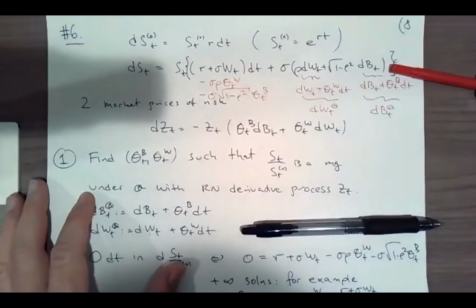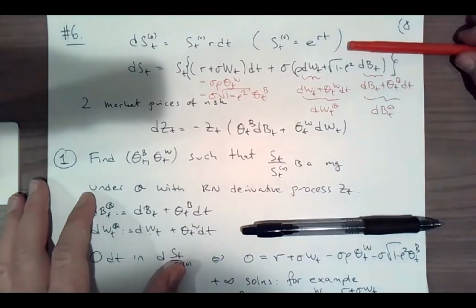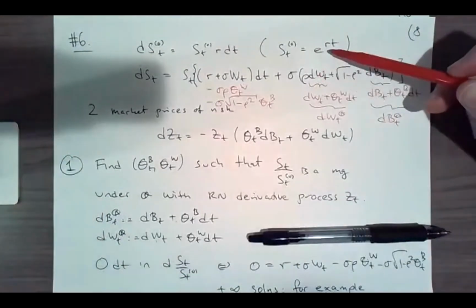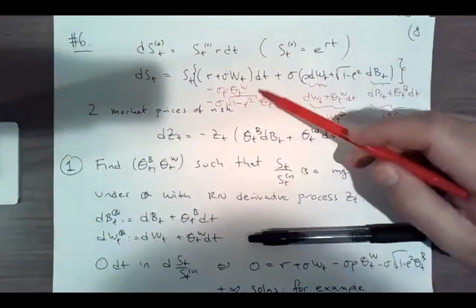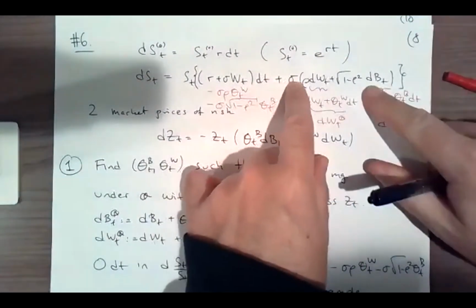But isn't the money market, isn't the S^0_t a stochastic process too? Yes, it is, but it's just a very simple one, right? There's no randomness about it. So that's why you can just integrate on both sides and then have this ordinary differential equation. You can do the same thing if sigma is equal to 0. We'll just figure out how to do that.